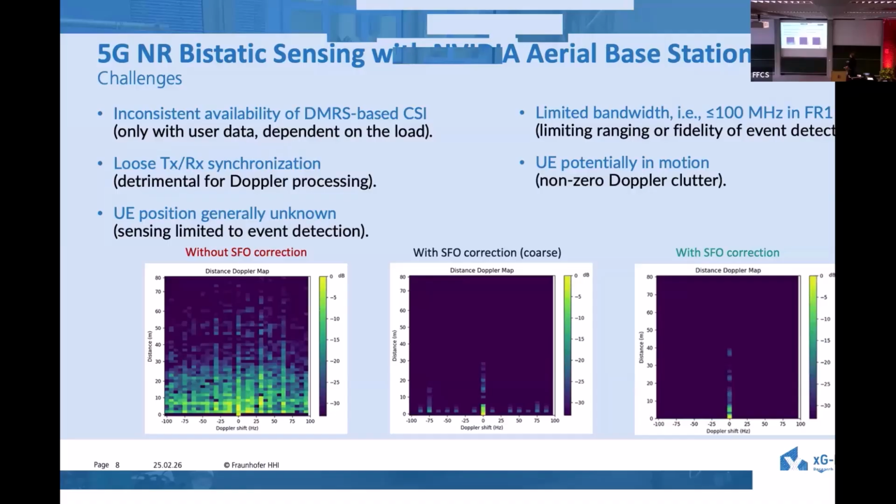The second thing is, there is a problem with the synchronization between transmitter and receiver. And here you can see, if you have this sampling frequency offset, this is what I showed on the previous slide. You have a UE that is not moving, everything is stationary, but without this SFO correction you see a delay Doppler map that is smeared out, and you cannot do much based on it.